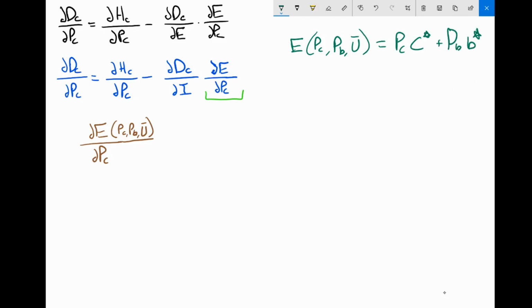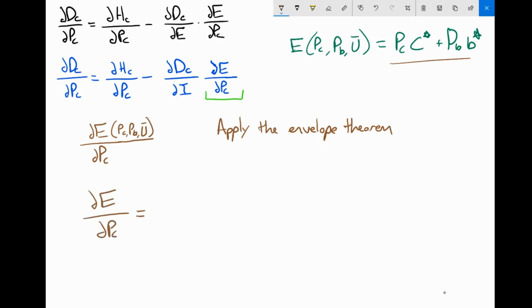If I want to know what is the derivative of this function with respect to PC, all I do is apply the envelope theorem. Which means the derivative is just the direct derivative, which means I just take the derivative of this equation. That means the derivative of E with respect to PC is just equal to the derivative of this equation. It's just equal to C star. Done.